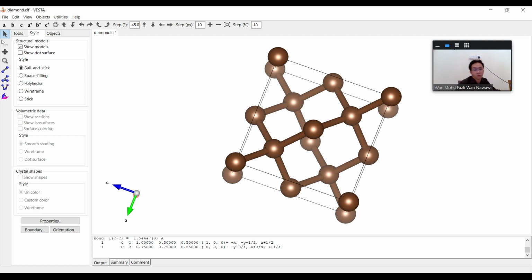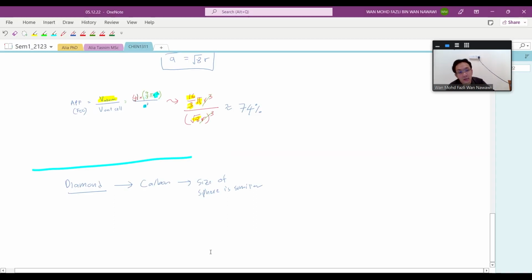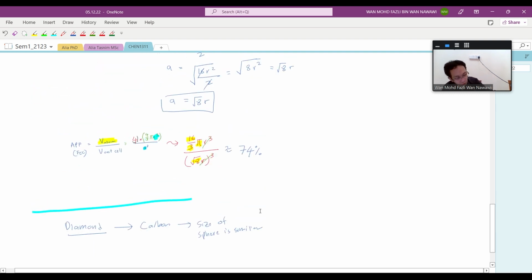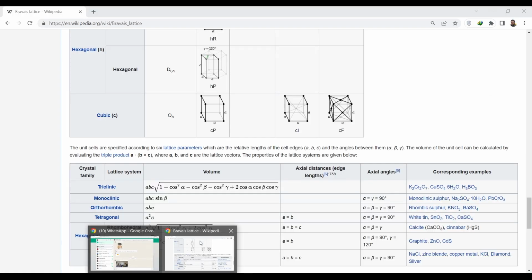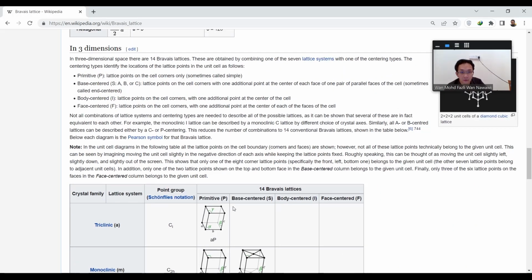So what you see just now is a non-primitive unit cell. What is a non-primitive unit cell? We need to compare first with the primitive unit cell. The primitive unit cell is basically the cell in these 14 Bravais lattices.